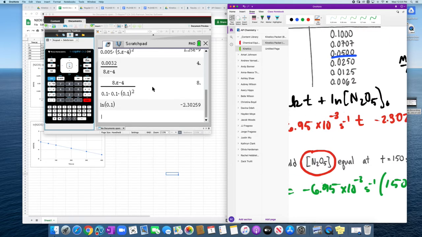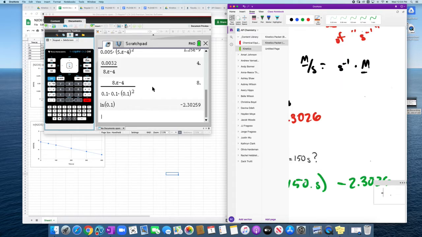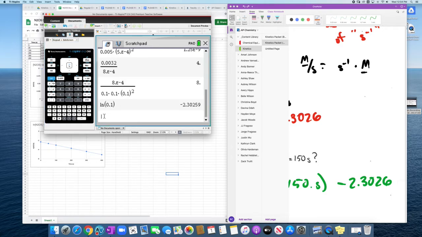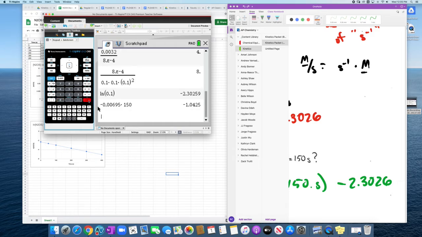So negative 6.95 in my calculator, that times 150, minus 2.3026.